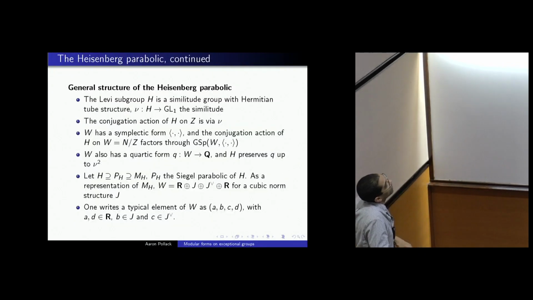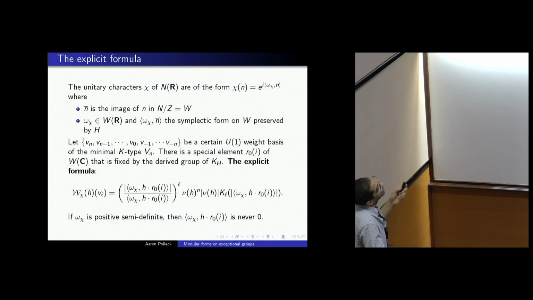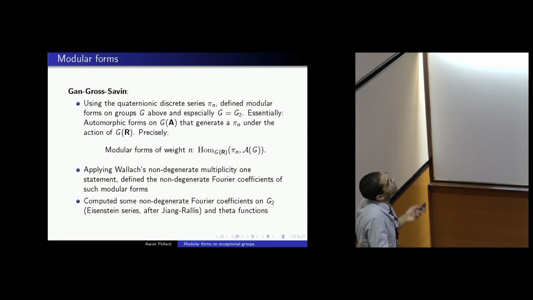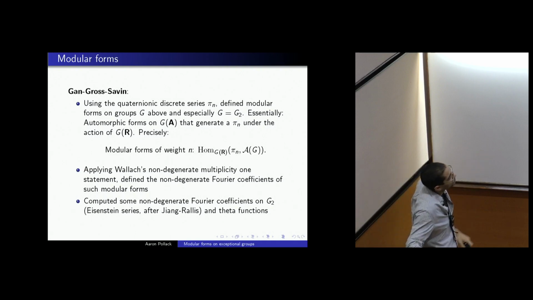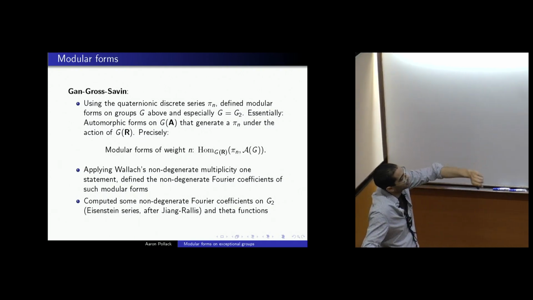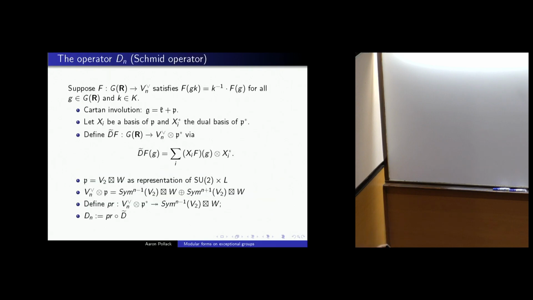So using just Wallach's multiplicity 1 for non-degenerate characters, Gan, Gross and Savin had defined the non-degenerate Fourier coefficients of these modular forms and computed a couple of examples on G2 for some Eisenstein series using work of Zhang and Rallis, and what you could call a theta function or something.